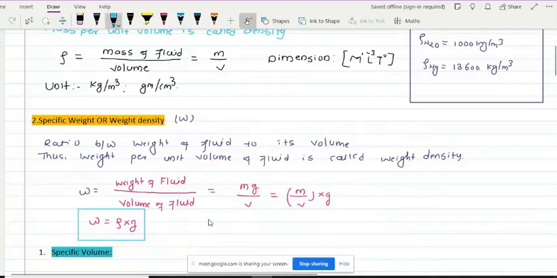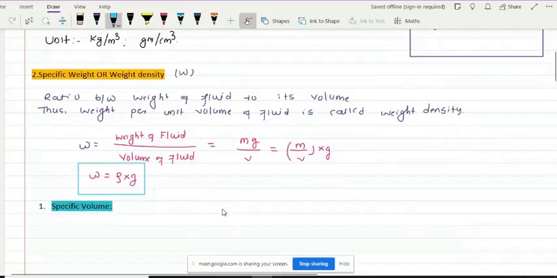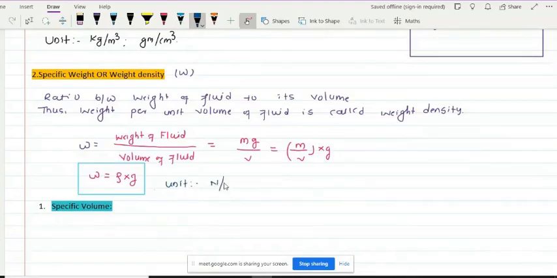What is the unit of weight density? The unit is Newton per meter cube, or Newton per centimeter cube. Okay, it's nothing but the weight density.